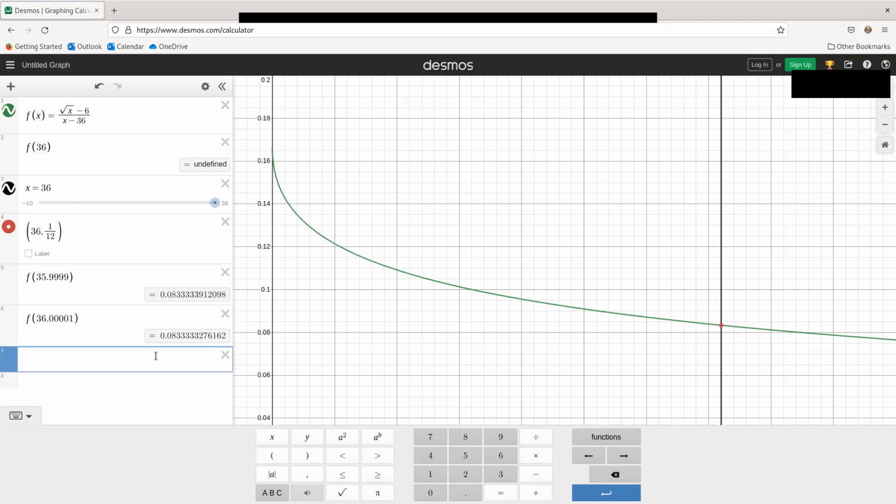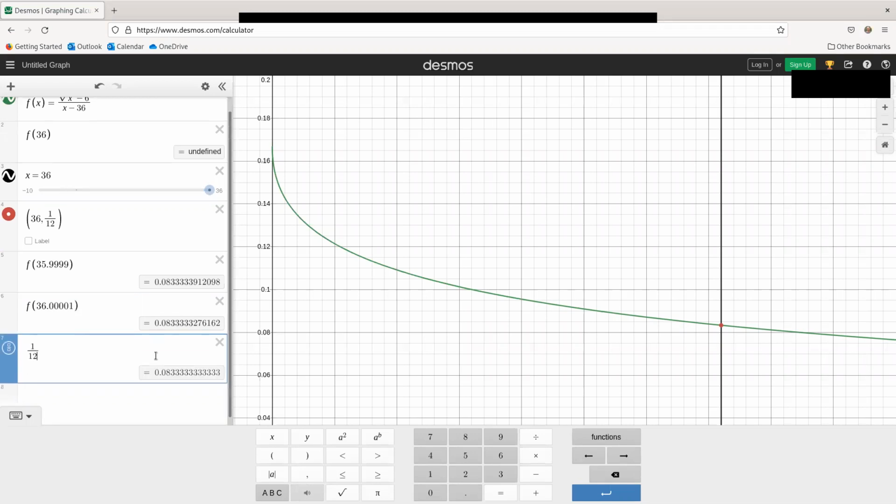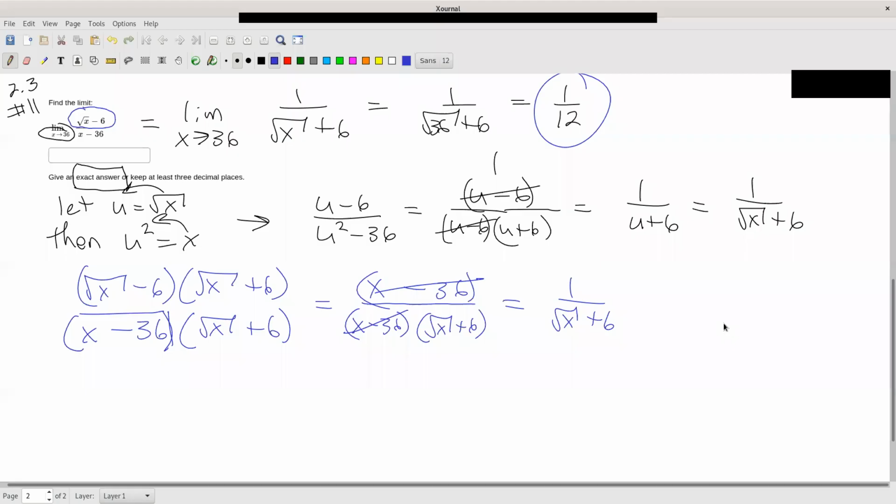And if I compare those decimals to 1/12, I can see, yeah, look at the y values on each side of x equals 36 are approaching 1/12. So although this function has a hole there, I can patch that hole because I know the limit. And I know the limit in two different ways now. I can see it numerically, I can see it graphically, and I've confirmed that algebraically.